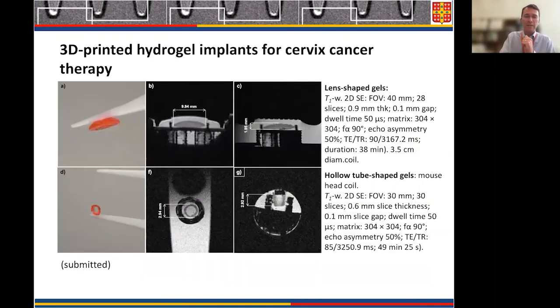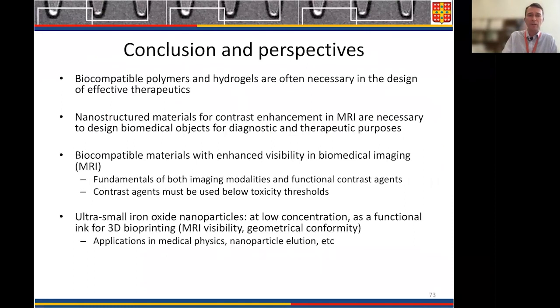And for this, MRI, once again, is very, very useful because we can perform cross sections and coronal measurements, very, very precise assessment by using a mixture of T1 weighted and T2 weighted imaging procedures. So MRI is really a measurement tool for us in the development of 3D printed hydrogels.